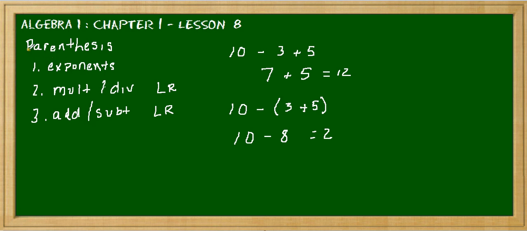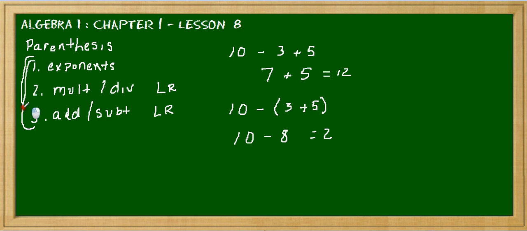But if we're dealing with parentheses, we work with what's in the parentheses first. In fact, we would do all of these operations within parentheses in that particular order. So that's what I mean by nesting. Nesting meaning you're going to do all of these within the parentheses, and once you remove the parentheses, well, guess what? You're going to do this the same again.